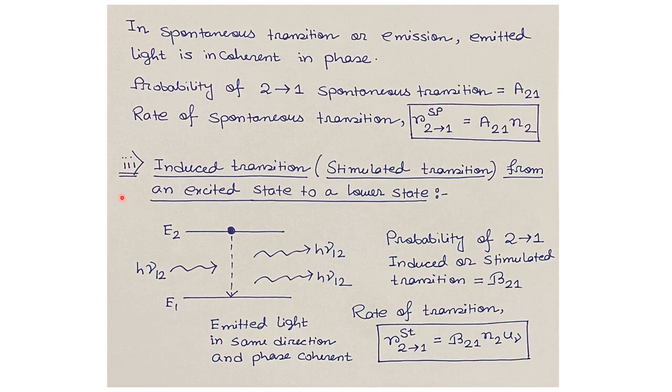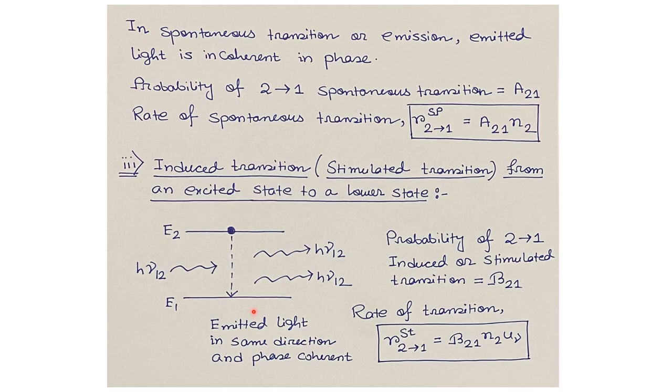Now the third atomic transition process is induced transition or stimulated transition from an excited state to a lower state. In this case, the excited atoms are triggered by an external photon energy h nu 12, which is basically the energy gap between the two energy levels E2 and E1, so that the excited atoms will be de-excited to the ground state energy level.